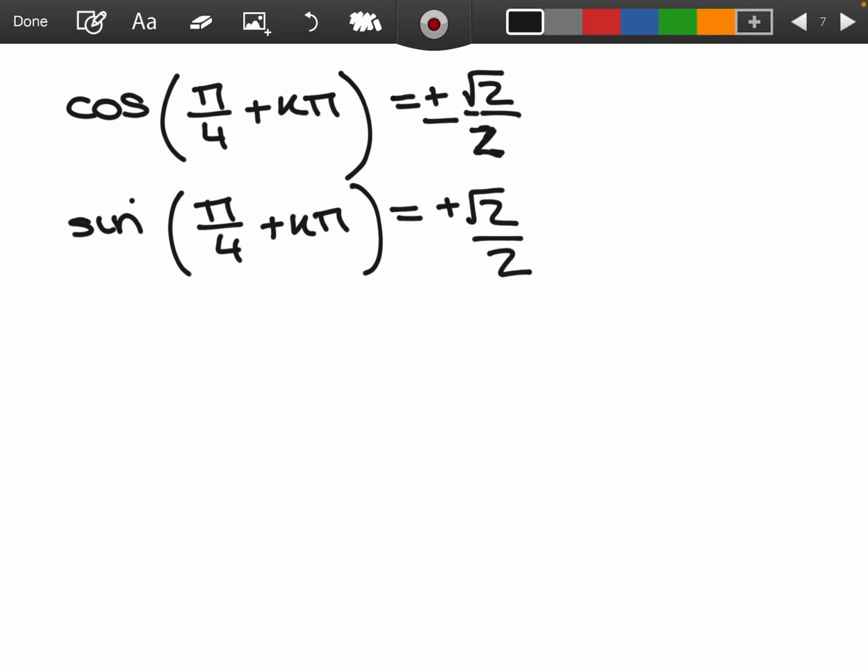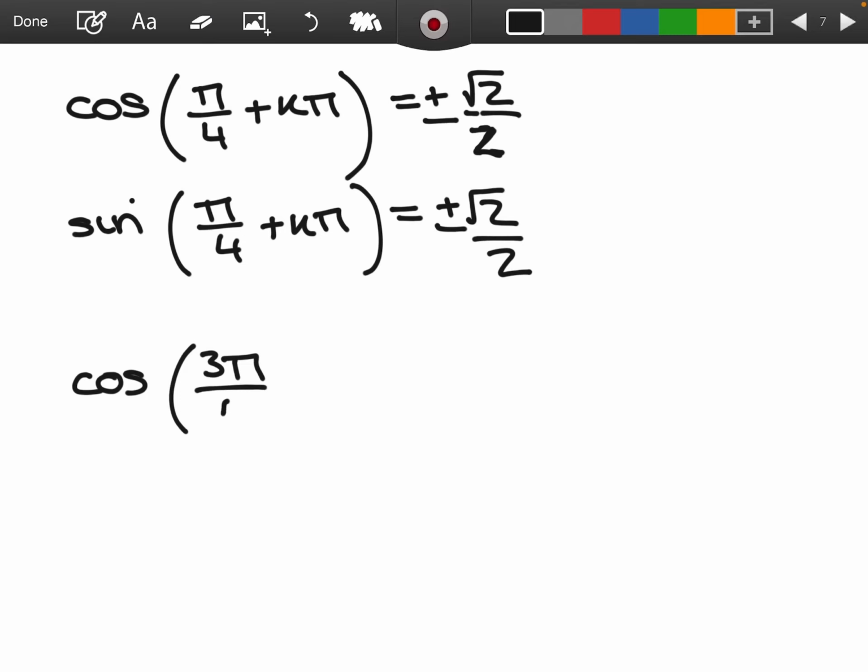Sine of any angle in quadrant 3 is negative. Sine of 5 pi over 4 is negative the square root of 2 over 2. So again, same as with cosine. Any angles in these sets that are in quadrant 1, sine and cosine are both positive the square root of 2 over 2. When they're in quadrant 3, sine and cosine of those angles are negative the square root of 2 over 2.